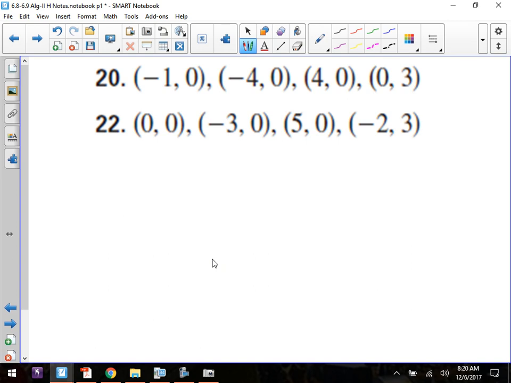The test, I'm looking at calculator, non-calculator, just like normal. For the calculator part, I would probably just let you use the regular ones.